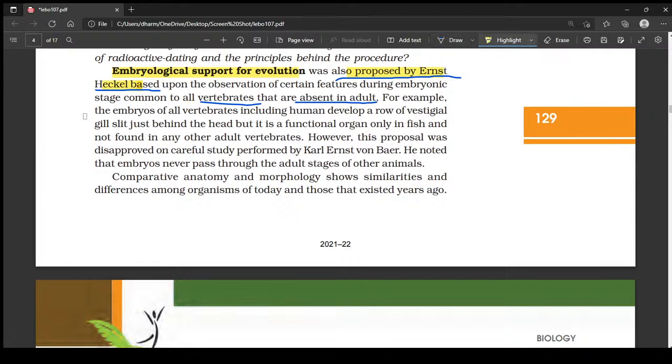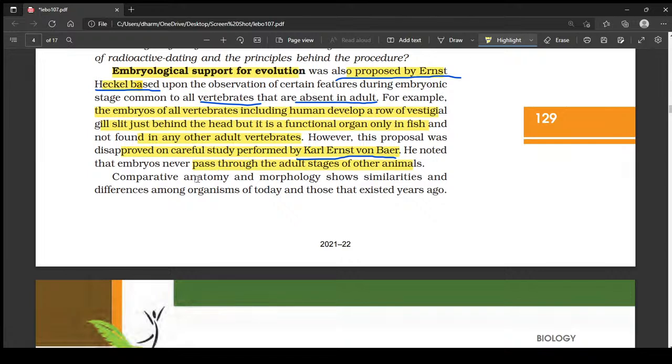For example, the embryo of all vertebrates including human develops a row of vestigial gill slits just behind the head, but it is a functional organ only in fish and hence not found in any other adult vertebrates. However, this proposal was disapproved on careful study by Karl Ernst von Baer. He noted that embryos never pass through the adult stages of other animals.